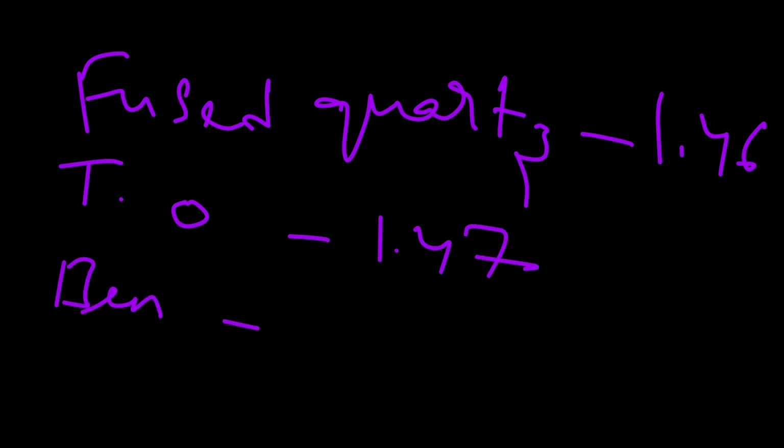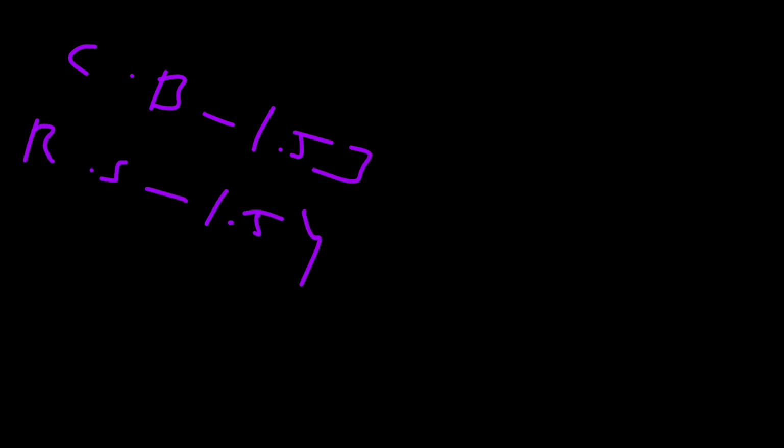Benzene, 1.50. Crown glass, refractive index is 1.52. These are all the mediums that are already given. Canada balsam, the refractive index is 1.53. Rock salt, refractive index is 1.54. Carbon disulfide, refractive index is 1.63.